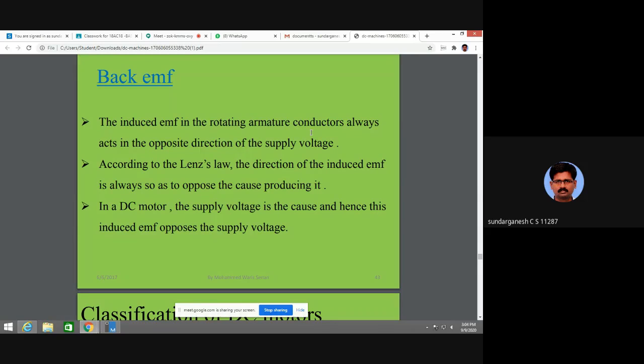The EMF induced in the rotating armature conductors will oppose the supply voltage. This is due to Lenz's law. The supply voltage is the input, the cause. The induced EMF will oppose the supply voltage, and we call it back EMF. That back EMF is converted into mechanical power, so it is rotational energy.